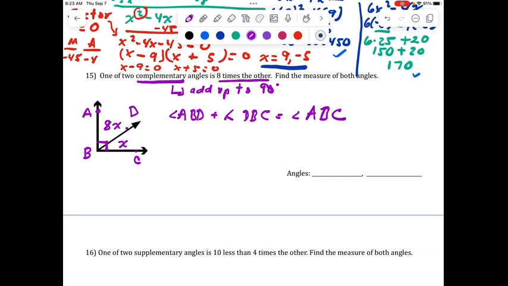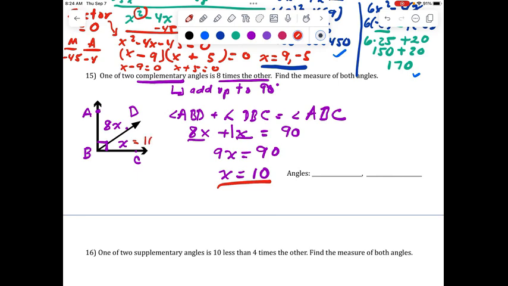So piece plus piece equals whole, or in this case, 8x plus x equals 90 degrees, which if solved, these are like terms. 9x, because there's a 1 there, equals 90, x equals 10. So that means that if you're thinking about what both pieces mean, this represents this value. So that means that this angle right here is 10 degrees, and this angle right here is 8 times 10, or 80 degrees. So my 2 answers are 10 degrees and 80 degrees.